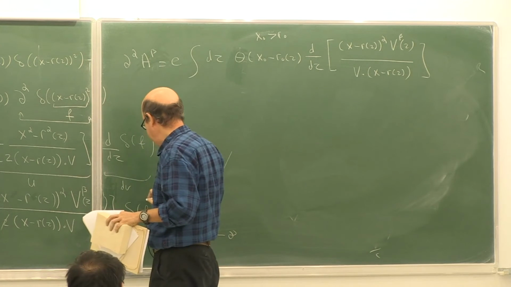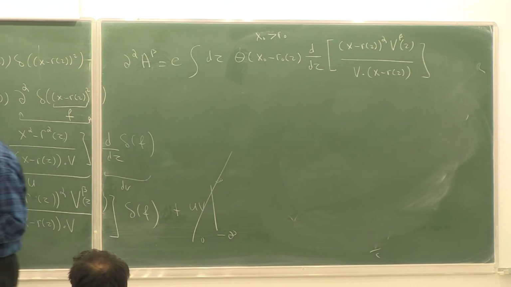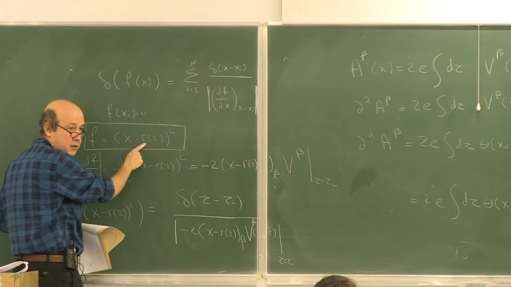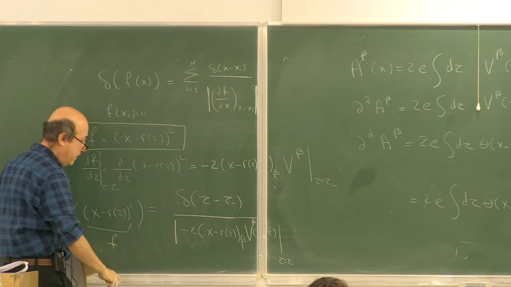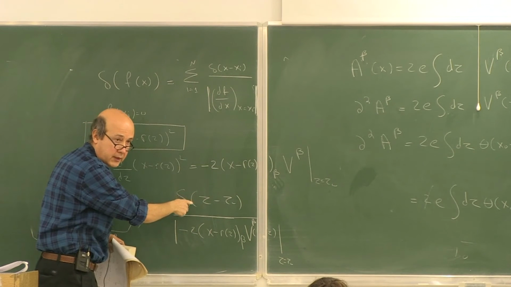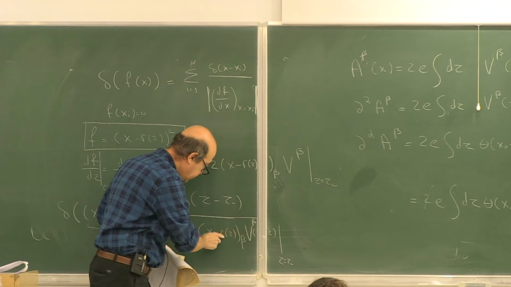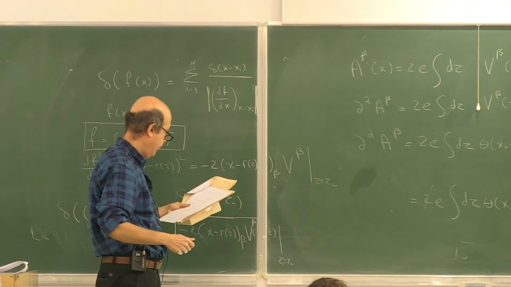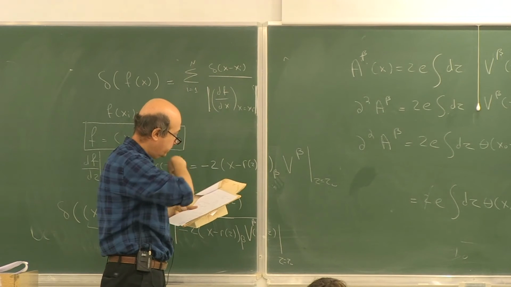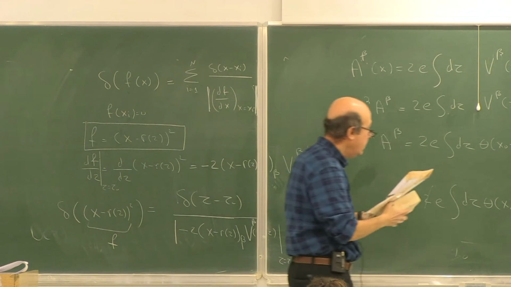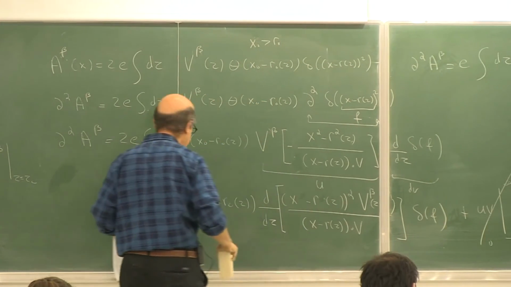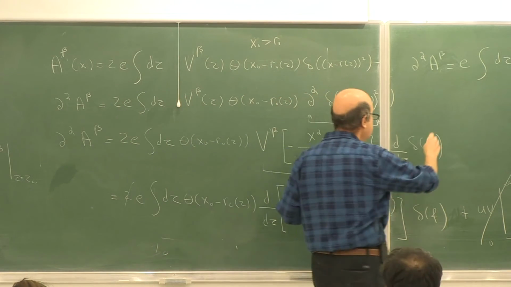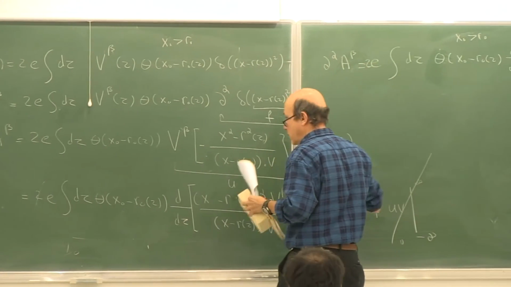Remember, f is nothing but (x − r)², and delta f is the whole term, and this is nothing but the scalar product. So I made a mistake here. There's no 2 factor here, so sorry about this. No 2 factor at the moment, so there's a 2 here. Sorry about the 2 factors.